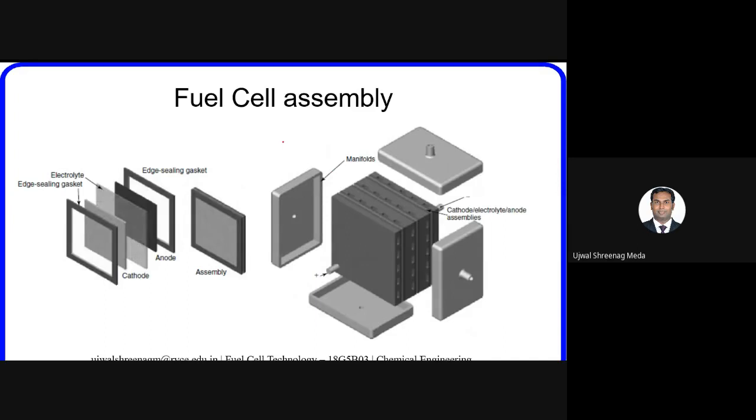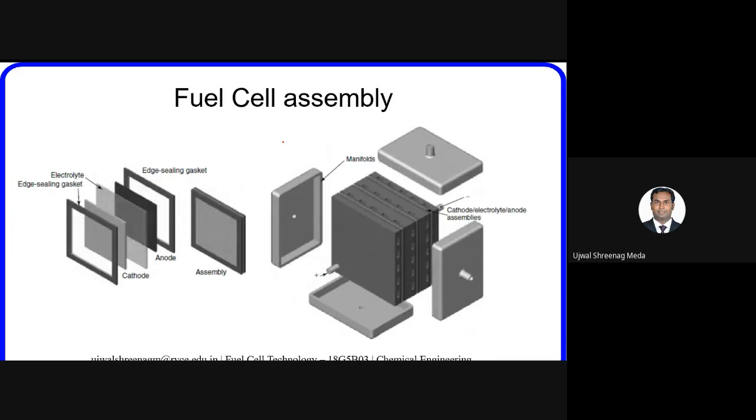Okay, now coming to the other component, that is the electrolyte. Of course there are different types of fuel cells, and in some cases the electrolyte is liquid, and in some cases the electrolyte is solid.